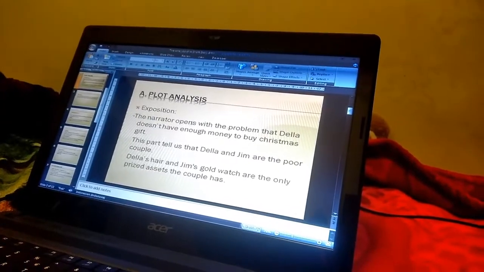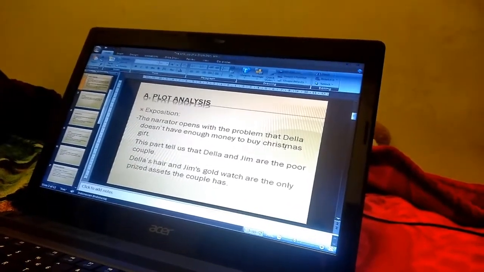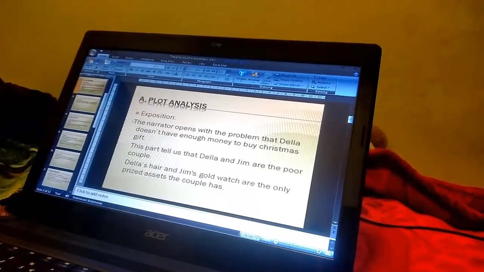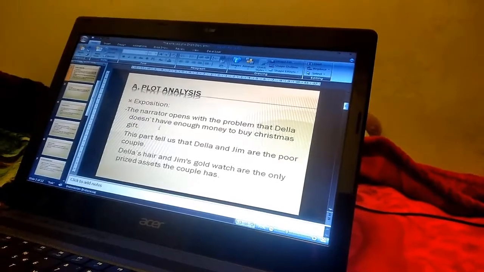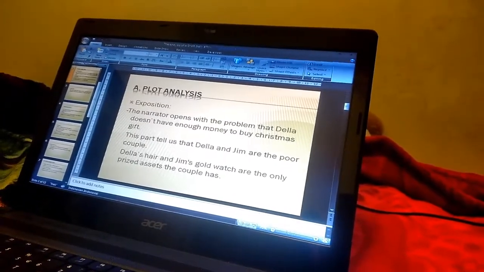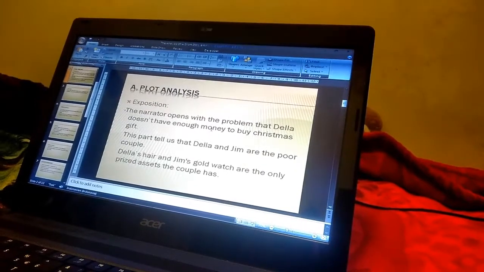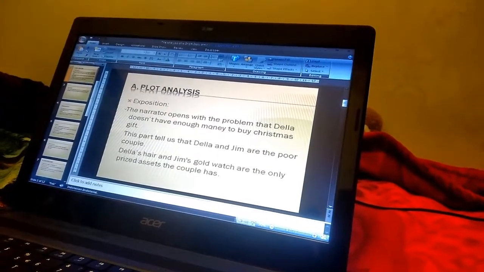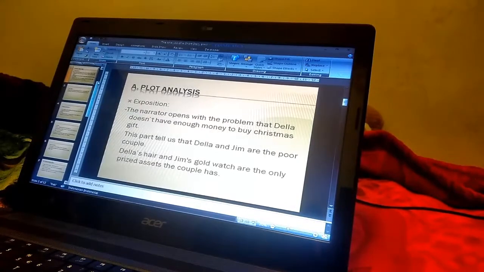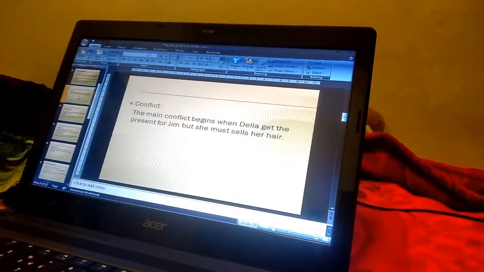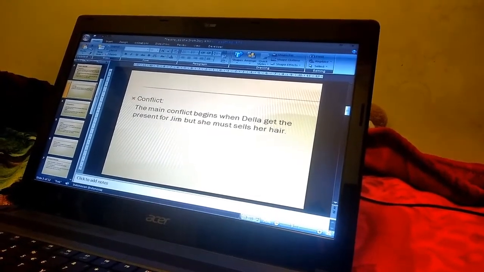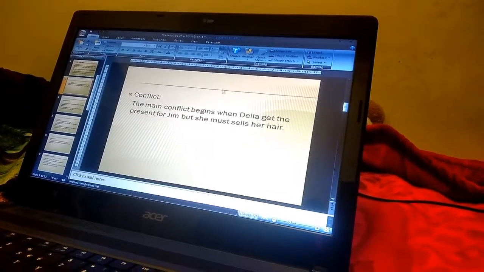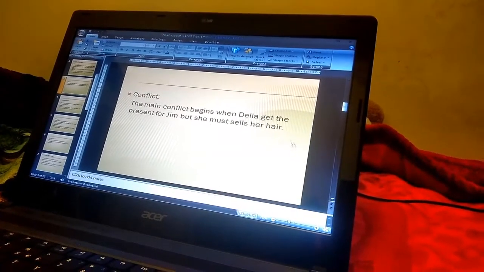But I think this is not the main problem, because that problem has already been solved when Della gets the present for Jim, but she must sell her hair.